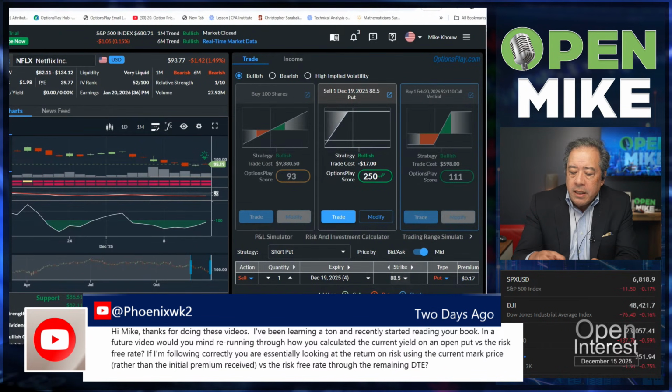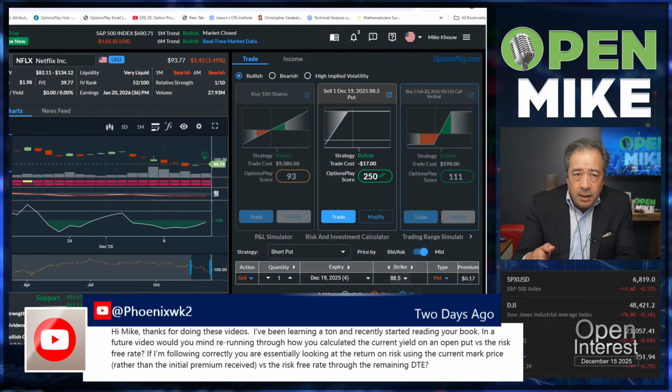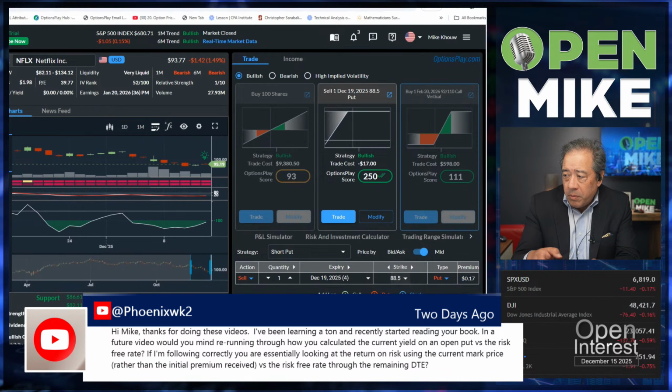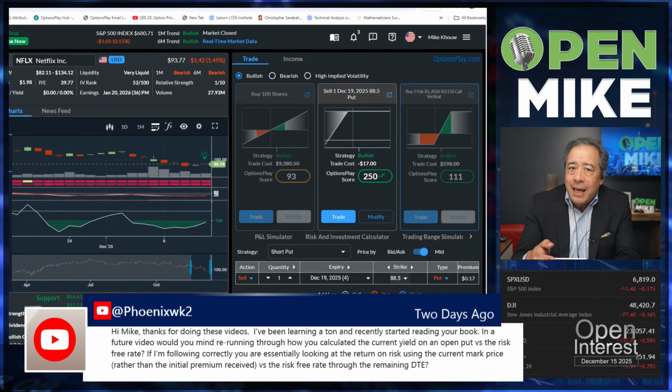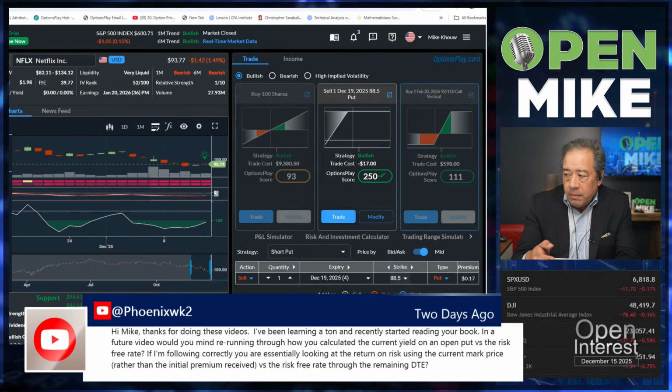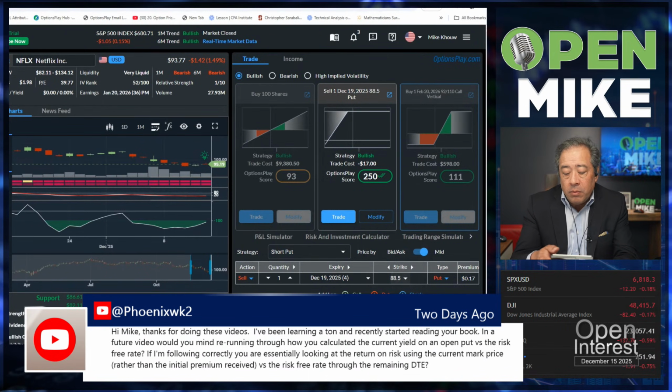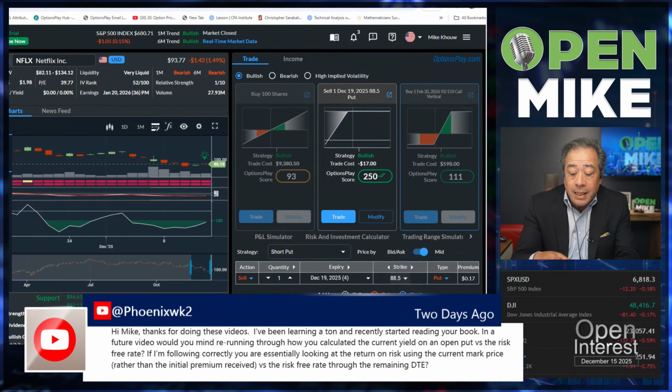So I would take the 17 cents and divide it by the strike, and that gets me to 19 basis points. If everybody's following along at home, 17 cents divided by $88.5 is 19 basis points over the course of 4 days, which is actually not a terrible rate of return.